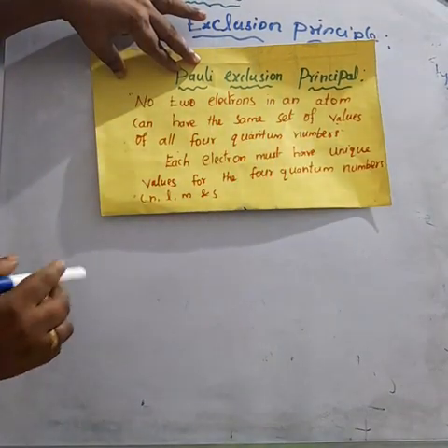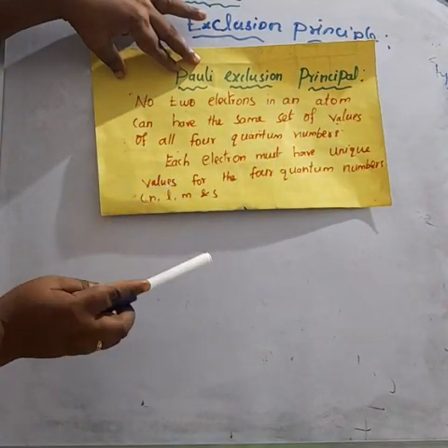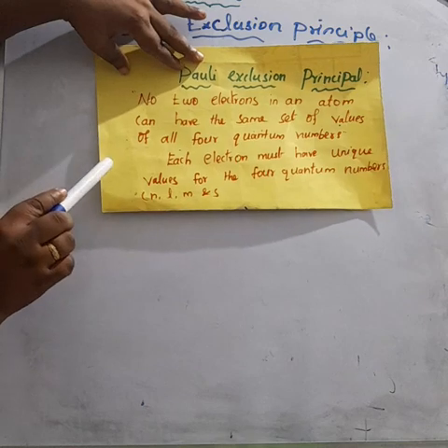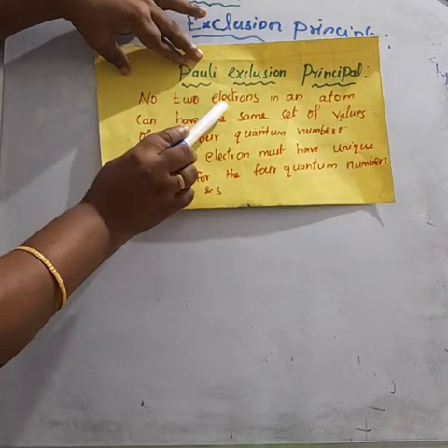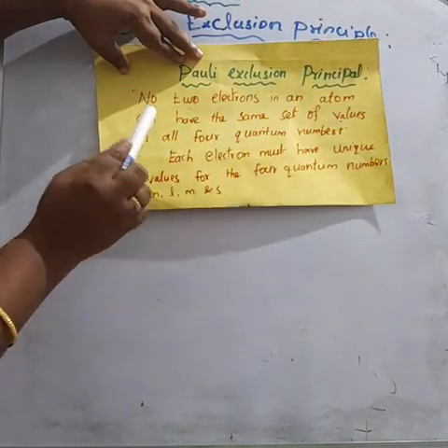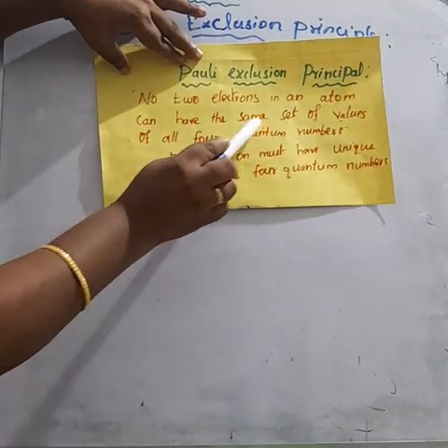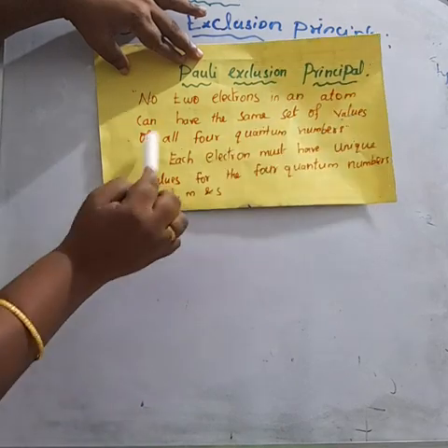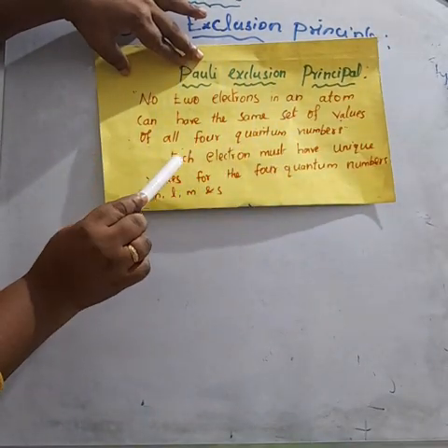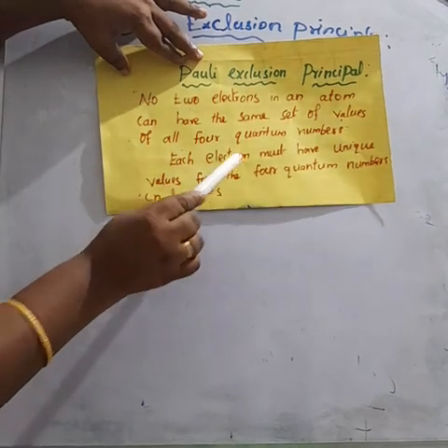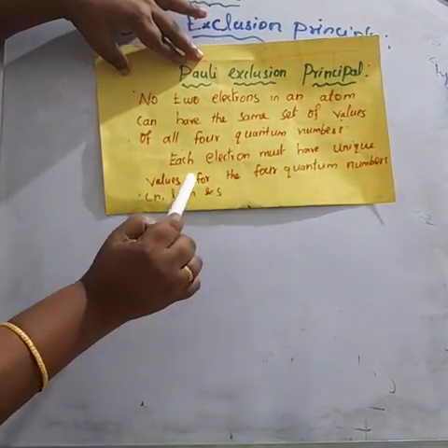Very important question, a 3-mark question. It means that each electron must have unique values for the four quantum numbers.